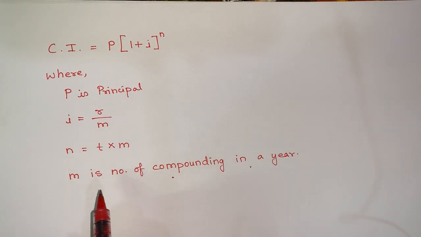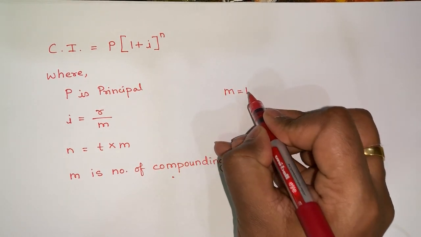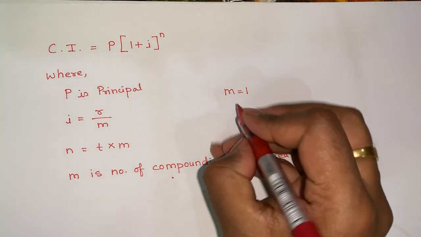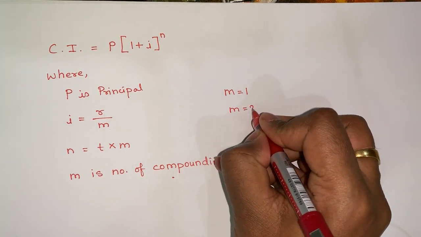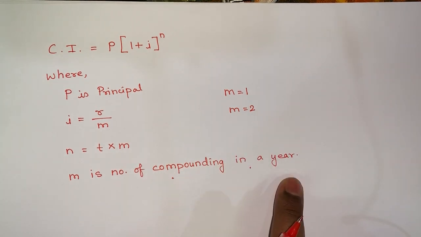Now if interest is calculated per annum, then M is equal to 1, which means that we are calculating interest only once a year. But if interest is computed half yearly, in that case M would be equal to 2, because we are compounding interest twice a year.